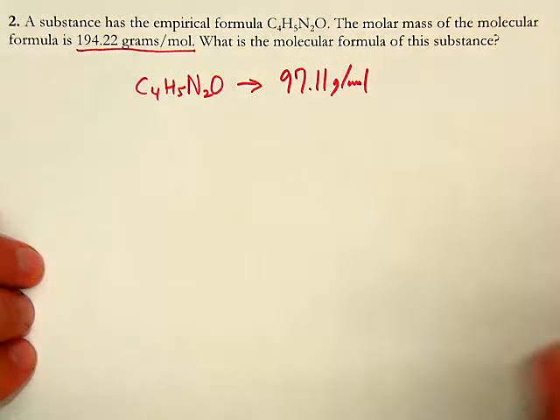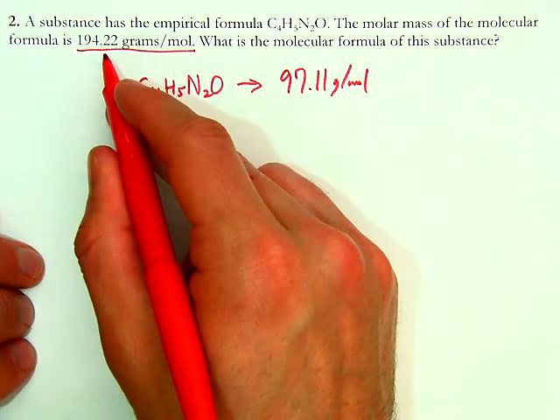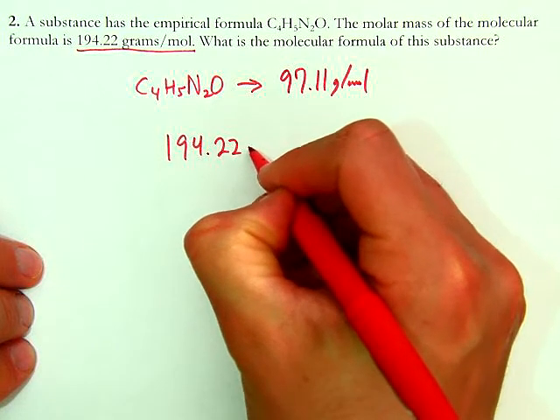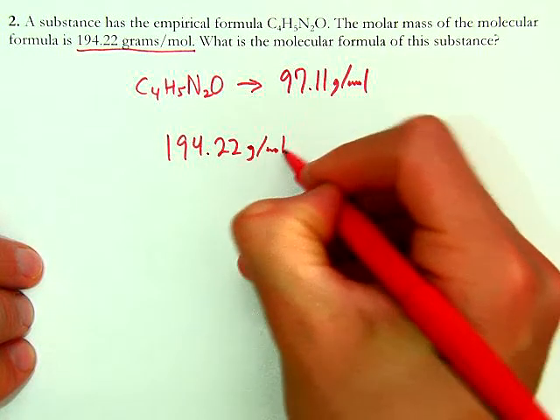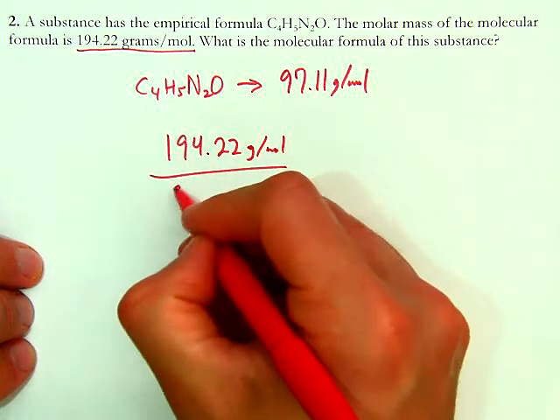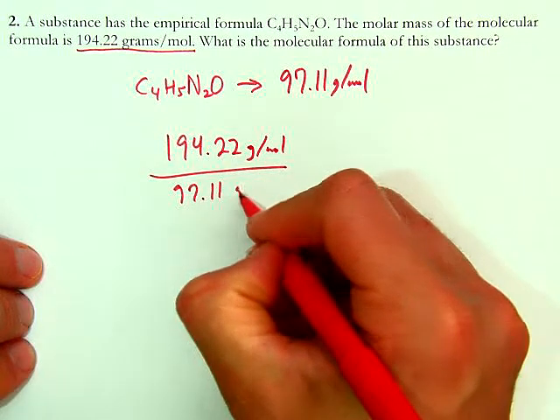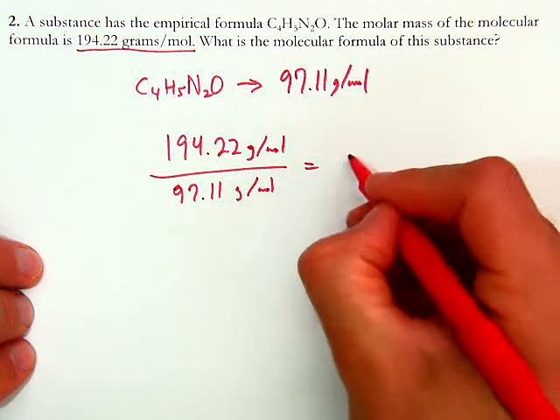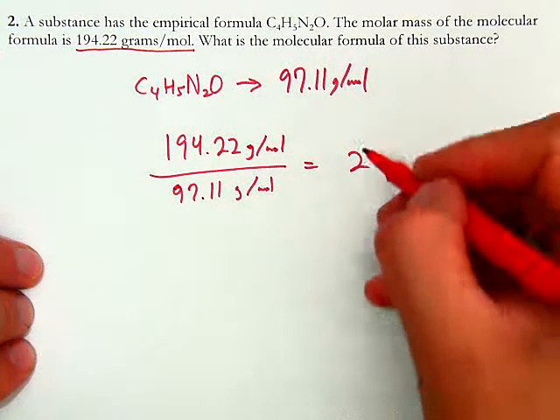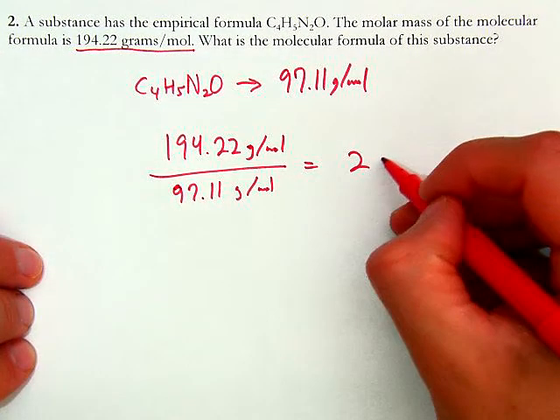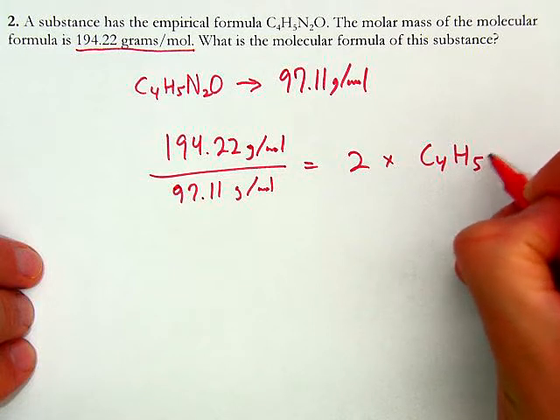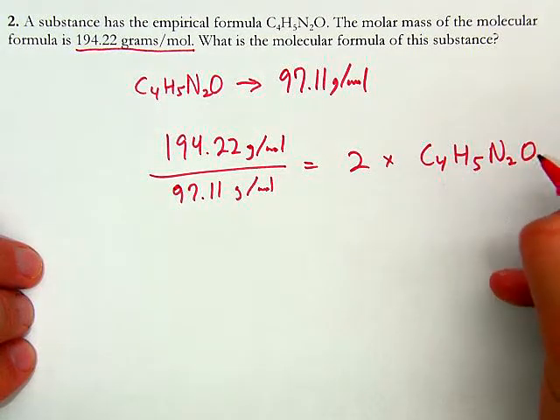Okay. Now the molecular formula has a mass of 194.22 grams per mole. If we divide that by 97.11 grams per mole, that gives us 2. 2 is what we have to multiply our empirical formula by, right? 2 times C4H5N2O.